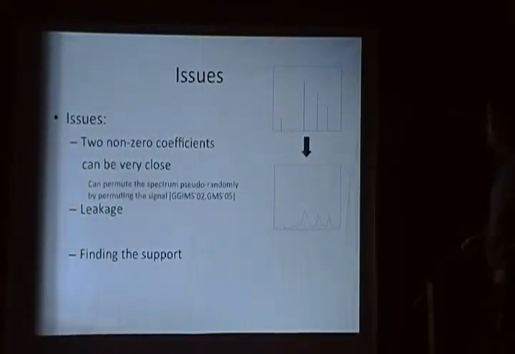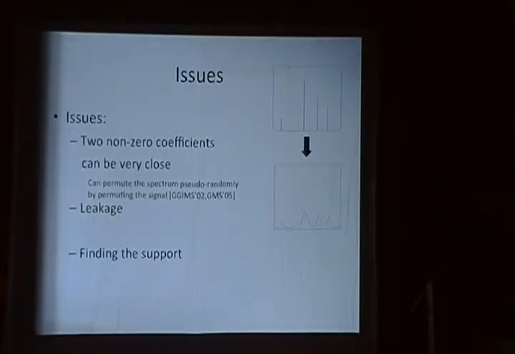So the first problem is solved by essentially using a simple trick which was introduced in earlier work, which lets you assume that the spectrum is permuted pseudo-randomly. So you apply a simple trick which lets you assume that these things are in arbitrary places, and this in particular means that with good probability, no two frequencies are too close, because the probability they fall close to each other is very low.